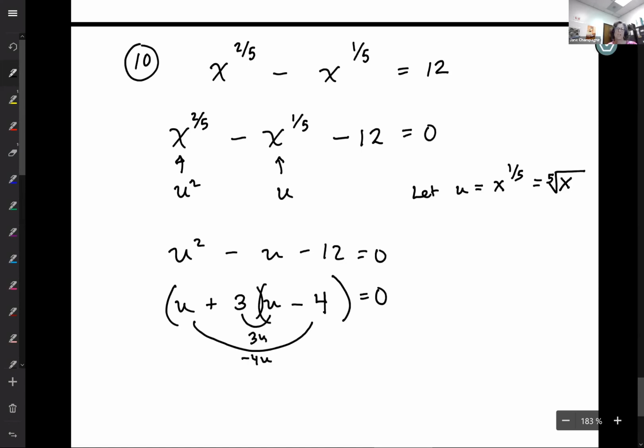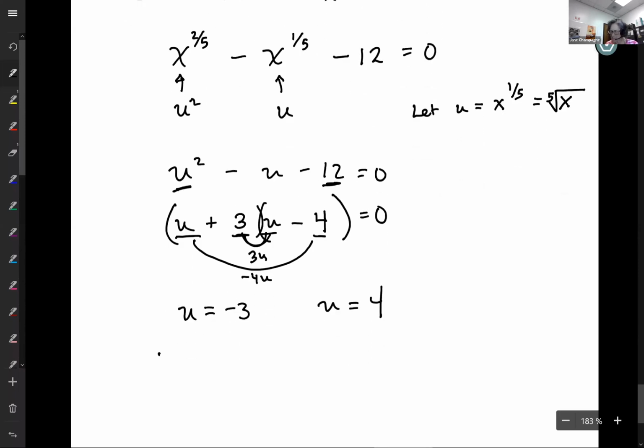So always double check when you're factoring: guarantee that you get the first term and the last term, and always check your inside and outside and make sure that works out. Because if you don't factor it correctly, it's all wrong. So setting each factor equal to 0 gives you the opposites, -3 and +4.